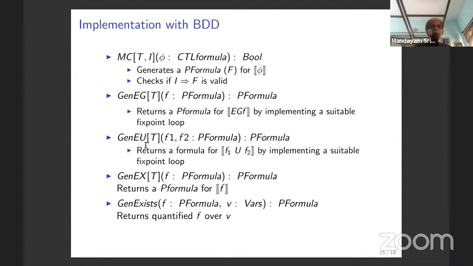Then you will have one implementation for each of the CTL operators. They take a sub-formula, a BDD that represents the set of states denoted by the sub-formula, used in EG.